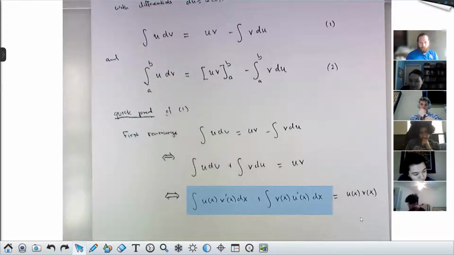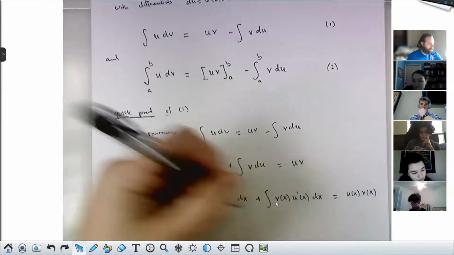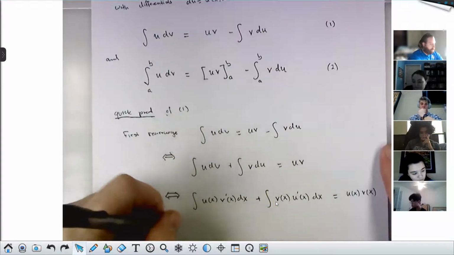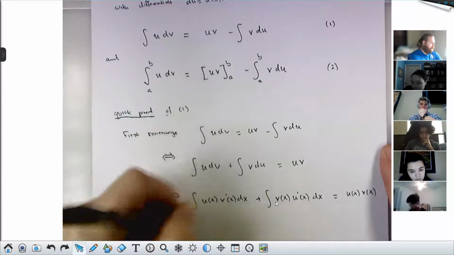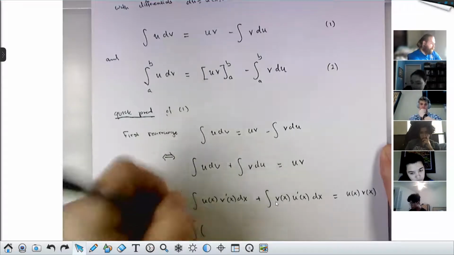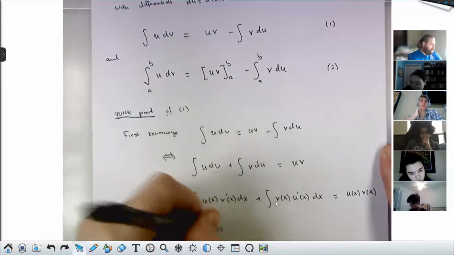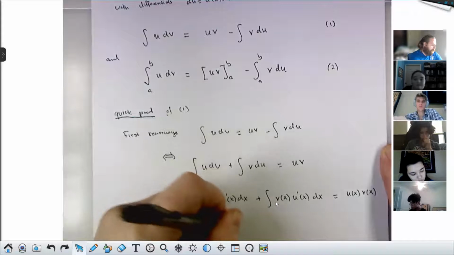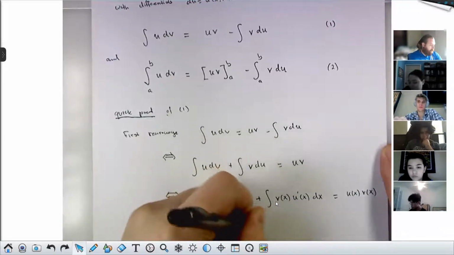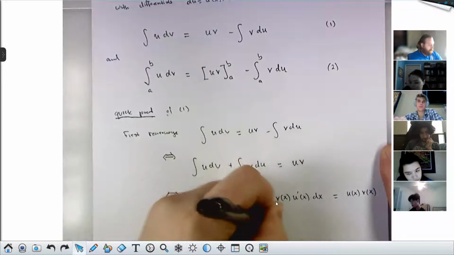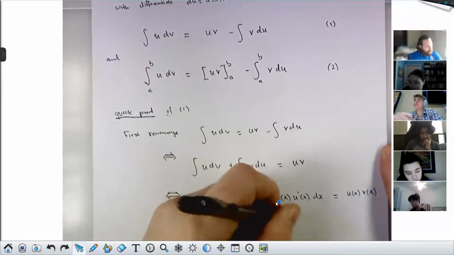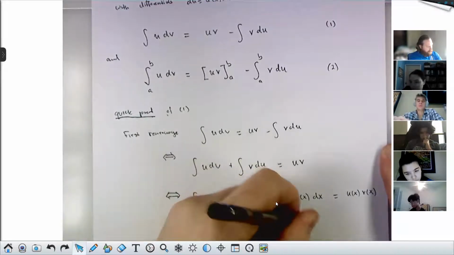Okay. Now, on the left-hand side here, I have two integrals, and they're added up, so I can put them together into one integral. That's really the integral of parentheses u of x times v prime of x plus v of x times u prime of x dx.